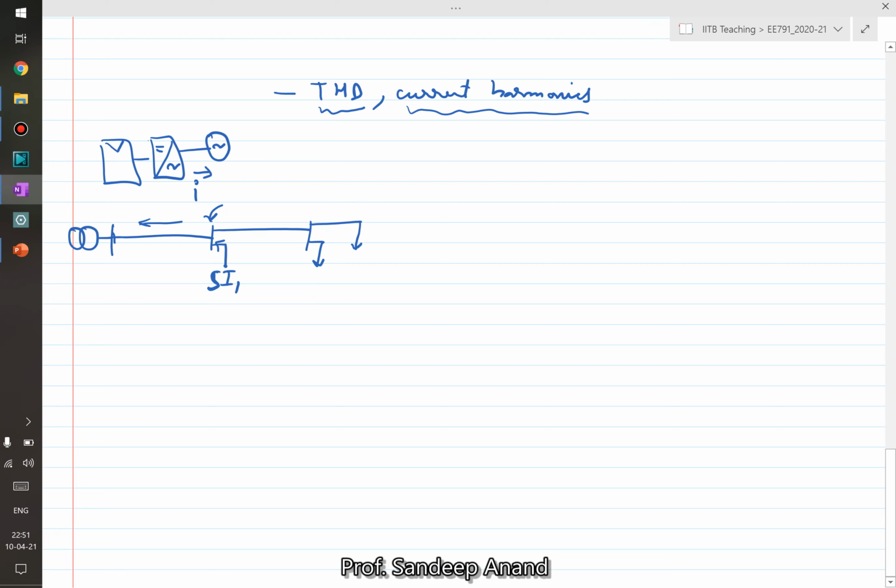On a similar thought, reactive power was also not allowed to be supplied or absorbed by the inverter. The initial idea was that these inverters should operate at unity power factor.